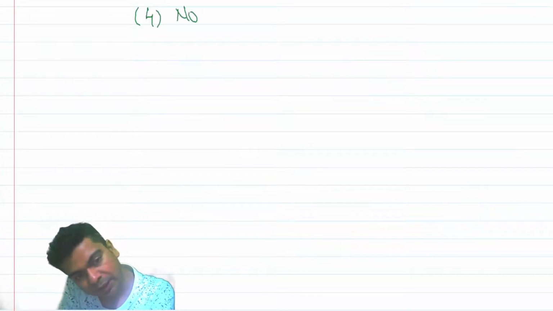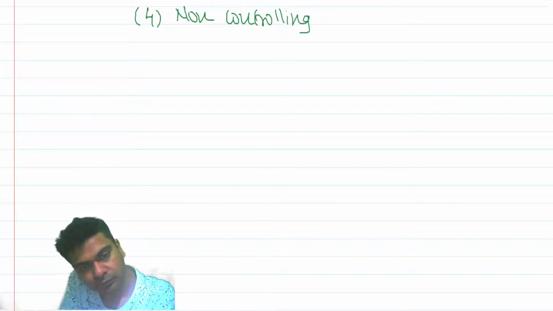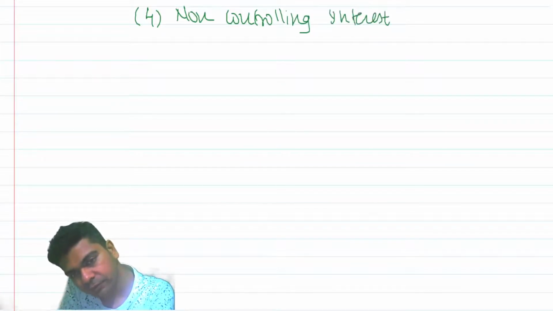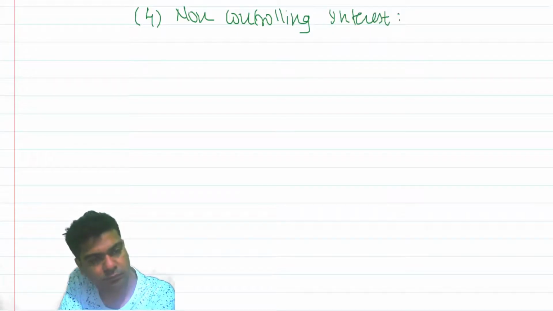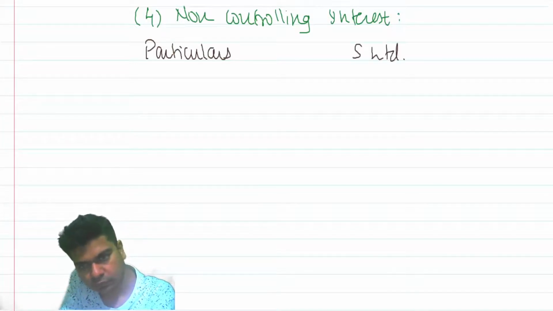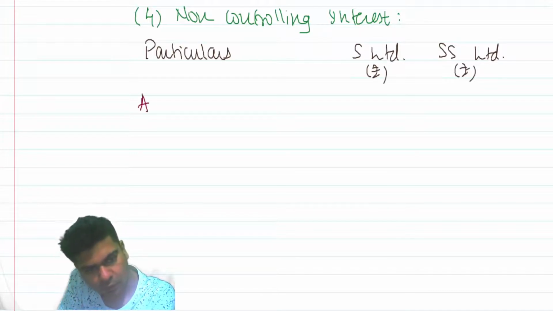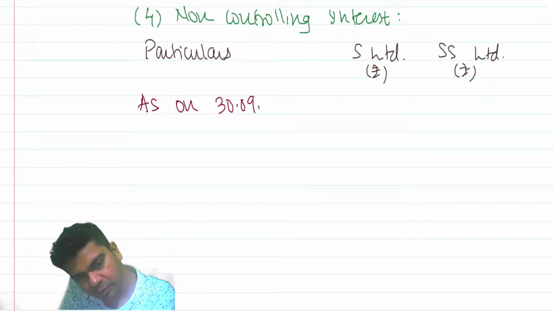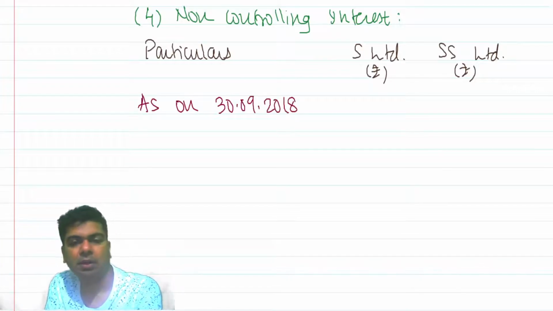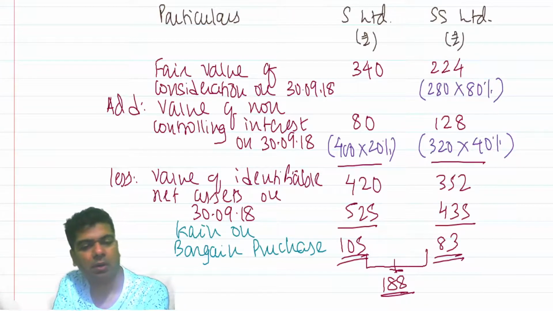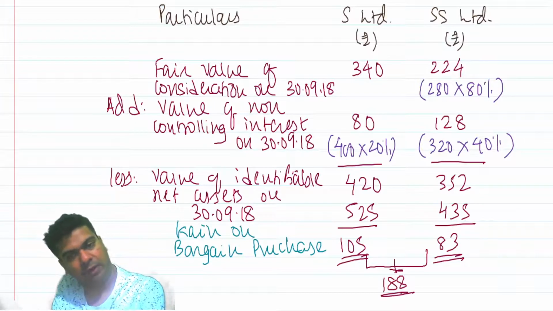And as our final working, I would like to know what is the non-controlling interest. As on 30th September 2018, we get it from the earlier working: $80 and $128.